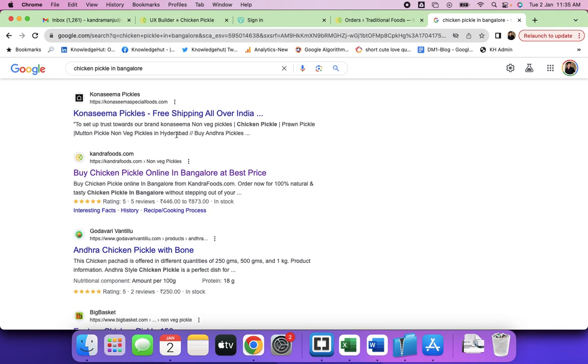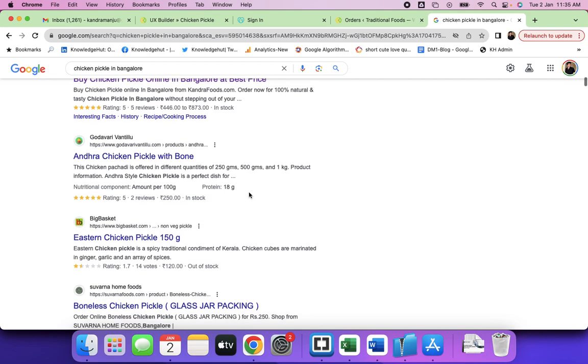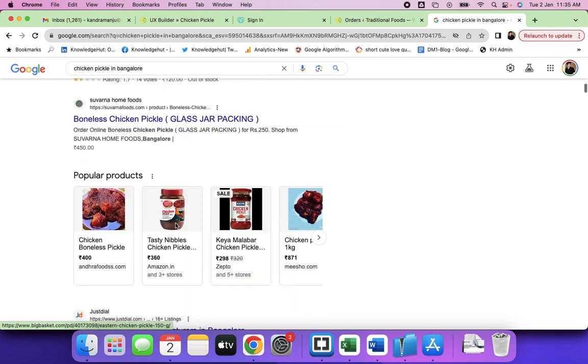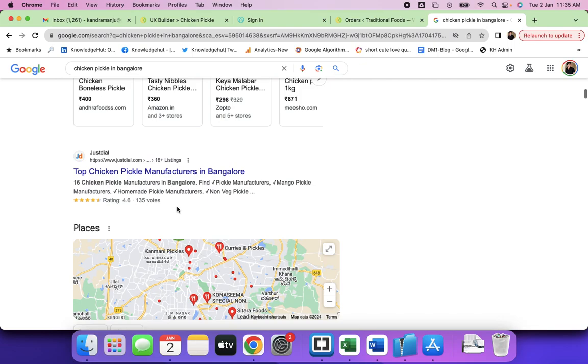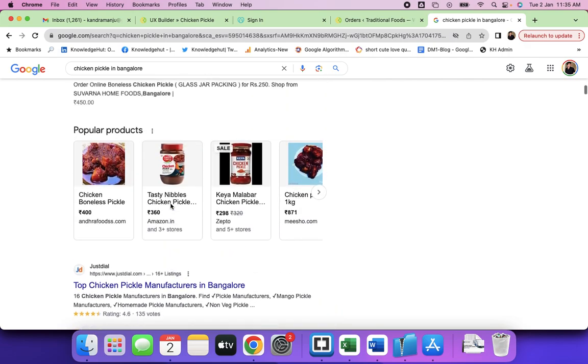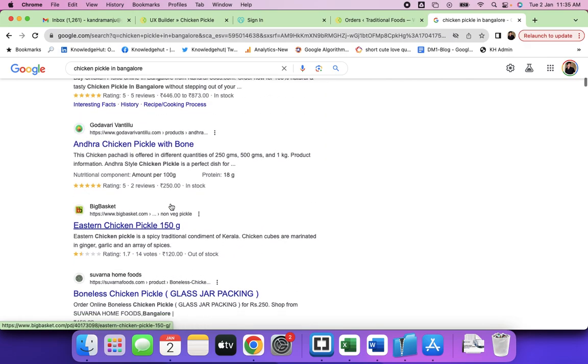Konasima Pickles has not implemented product snippets, and hence the bot cannot display the information. Right? This person doesn't have the product schema, they have just the review schema implemented on their web pages, and hence you will not see the price information.